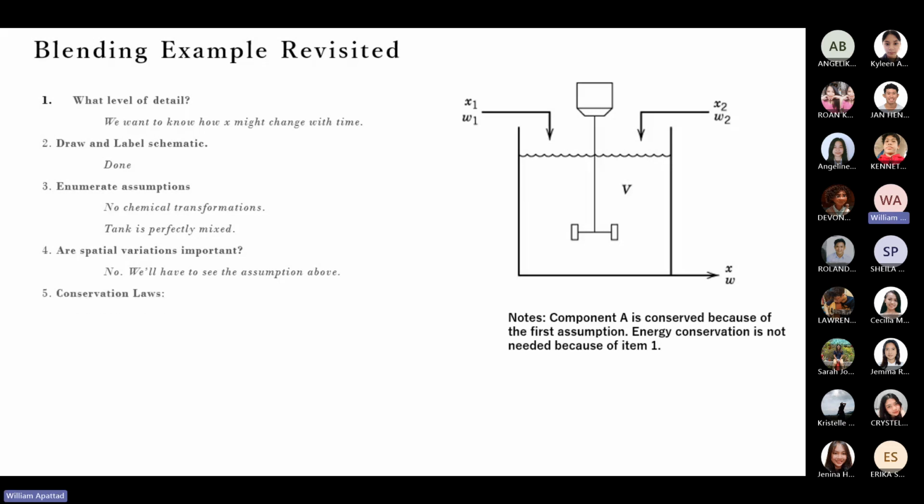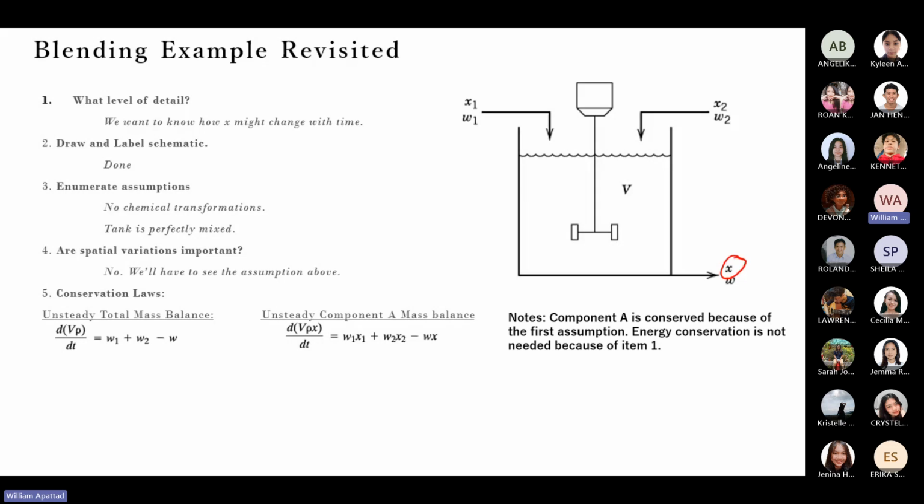Step 5, what are the conservation laws that we need here? Just to control X here, just to know how X might change with time. So we will need unsteady state total mass balance and unsteady state component A mass balance.